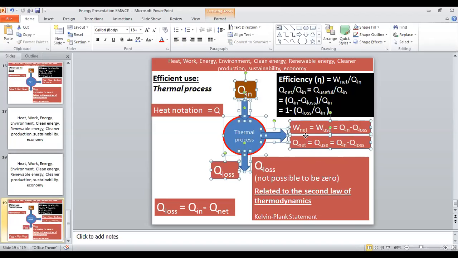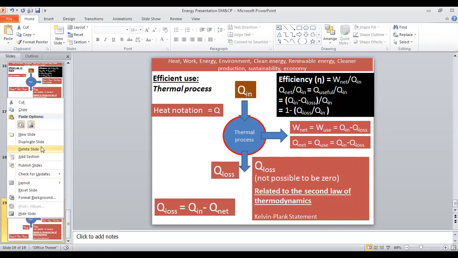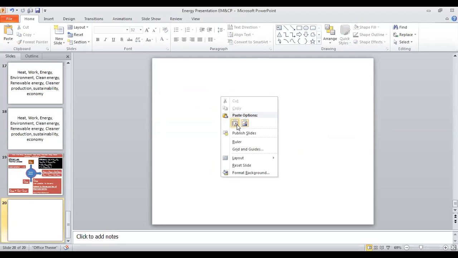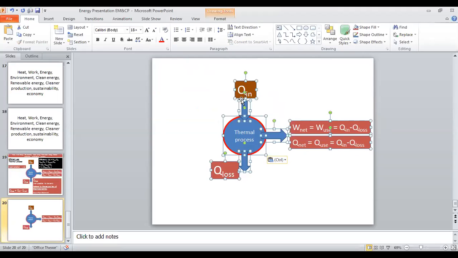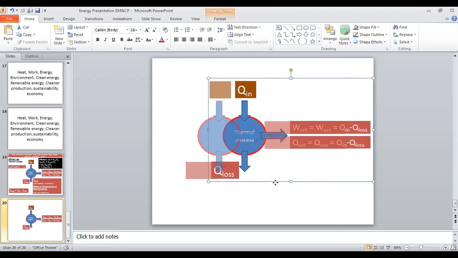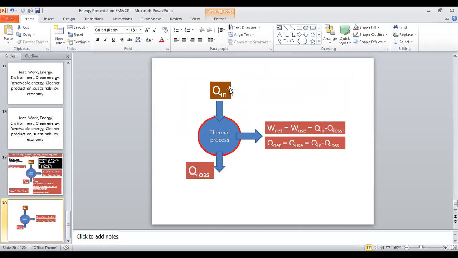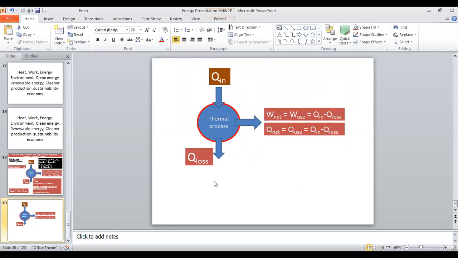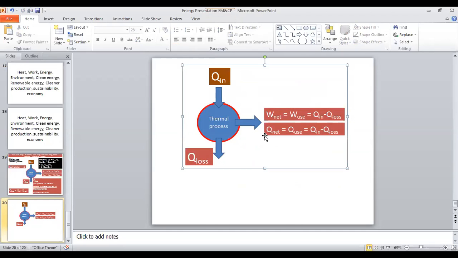In general, why am I going to discuss this? The reason is thermal processes are extremely important when you talk about cleaner production, because of your energy types, mostly you will see thermal energy interactions are there.